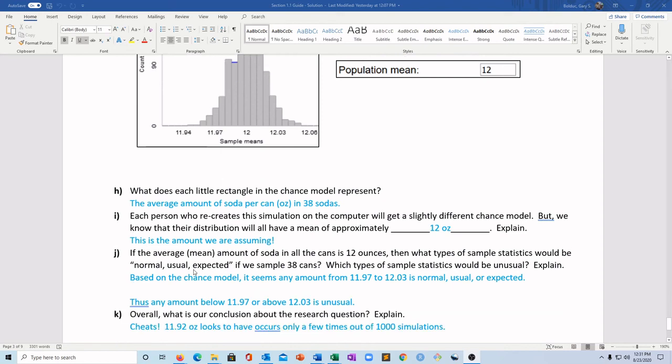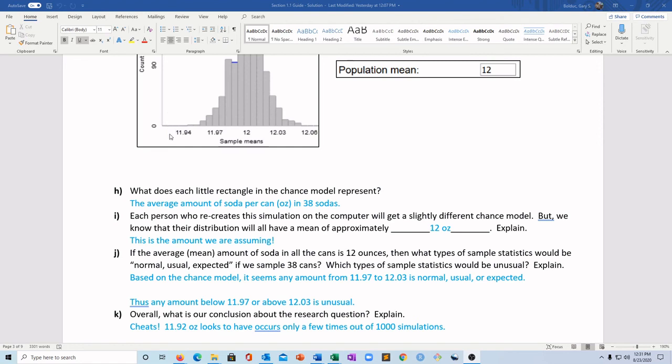Okay, so what's our conclusion? Well, 11.92 is actually quite far out of this range. It seems to be quite unusual because when the computer did this 1,000 times, it got 11.92 maybe once or twice. It's a little hard to see because it's not labeled, but there seems to be a very small rectangle here.